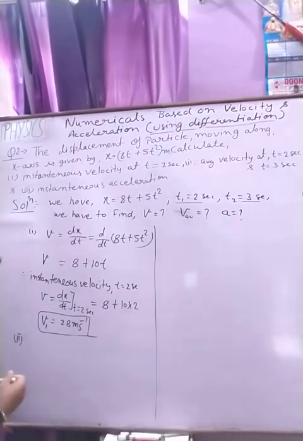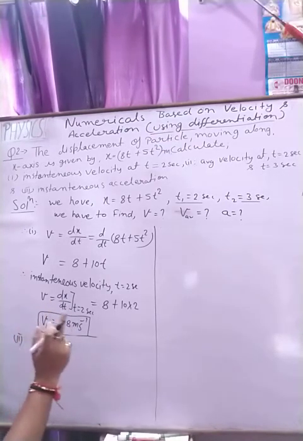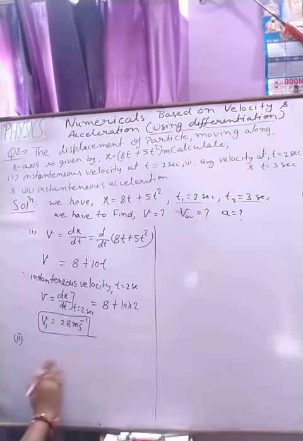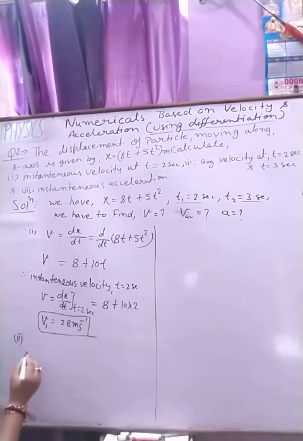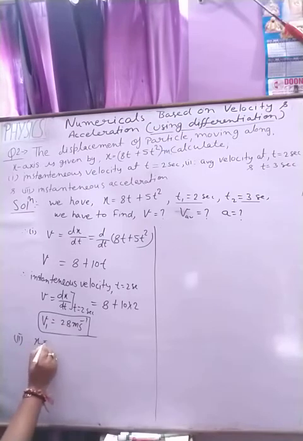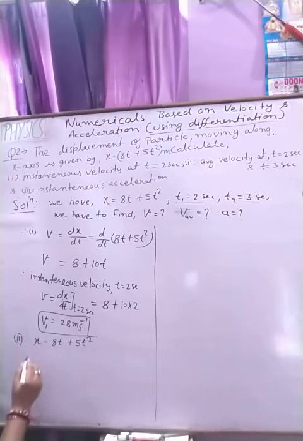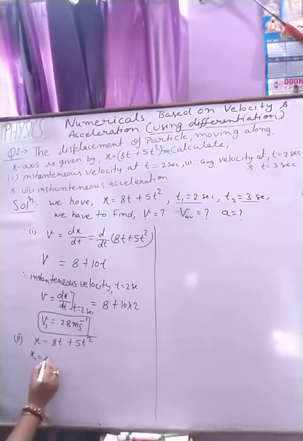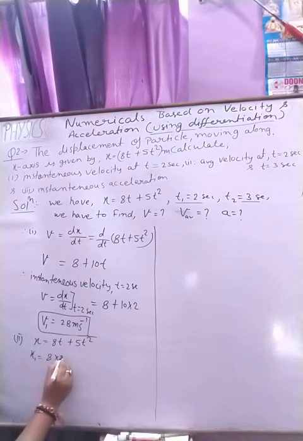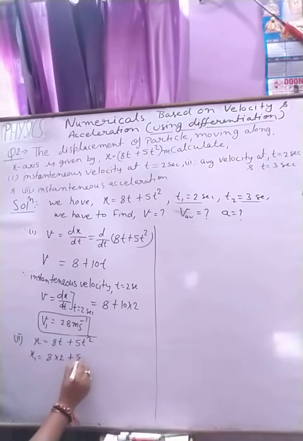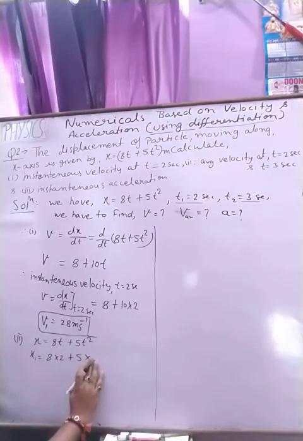Okay student, that we did with a different method, which is for the average acceleration, but we have to calculate the average velocity. Therefore we have x is equal to 8t plus 5t square. Therefore x1 is 8 into 2 plus 5 into 2 square.